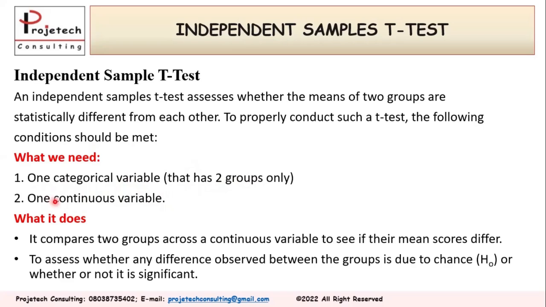For example, in our example, we have money spent on recharge card as your continuous variable and gender as a categorical variable that has two groups. If the groups are more than two, you cannot use independent t-test to analyze it. So in that case, if the groups are more than two, you now deploy the ANOVA.